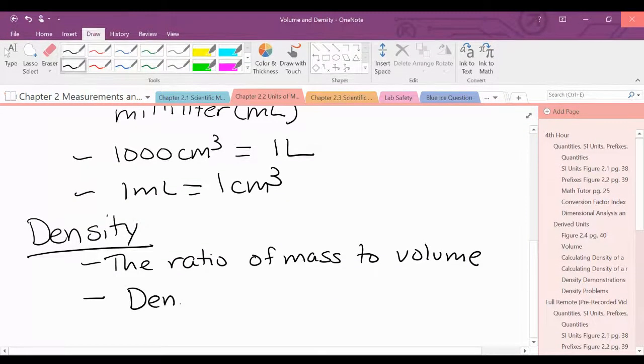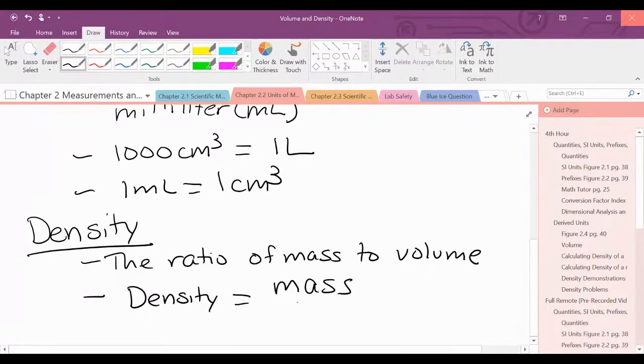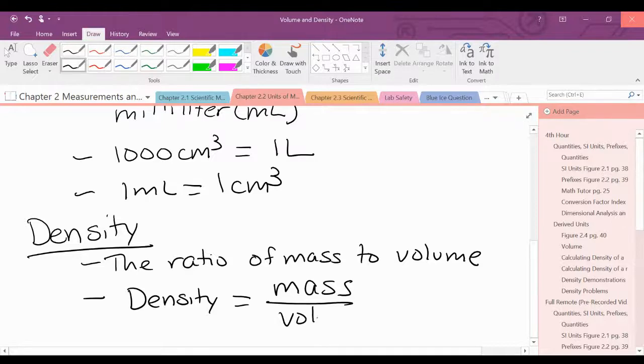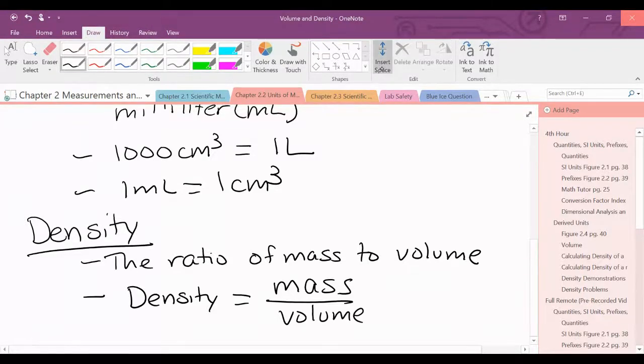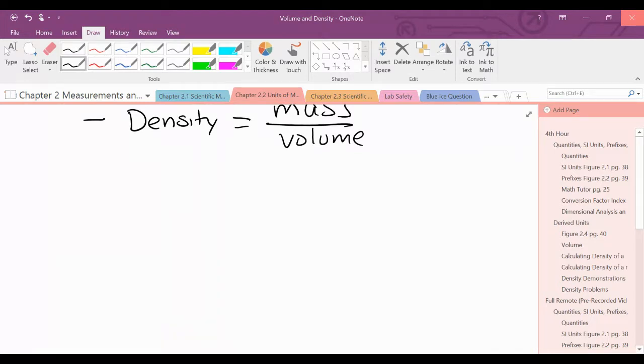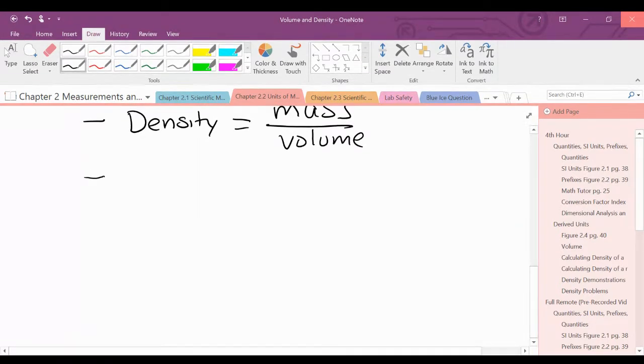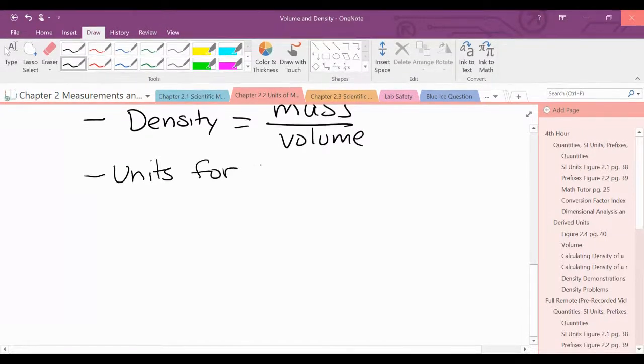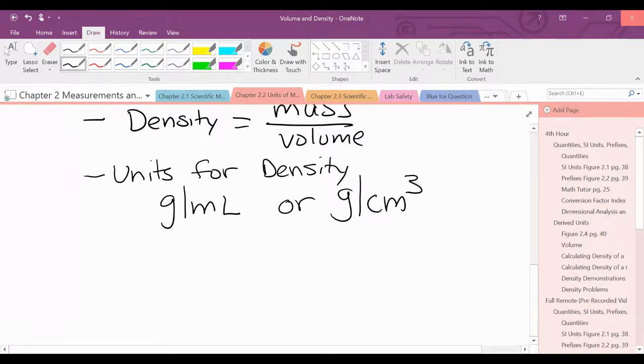Density equals mass divided by volume. And so as far as units that we would use in chemistry for density, could have grams per milliliter or grams per centimeter cubed.